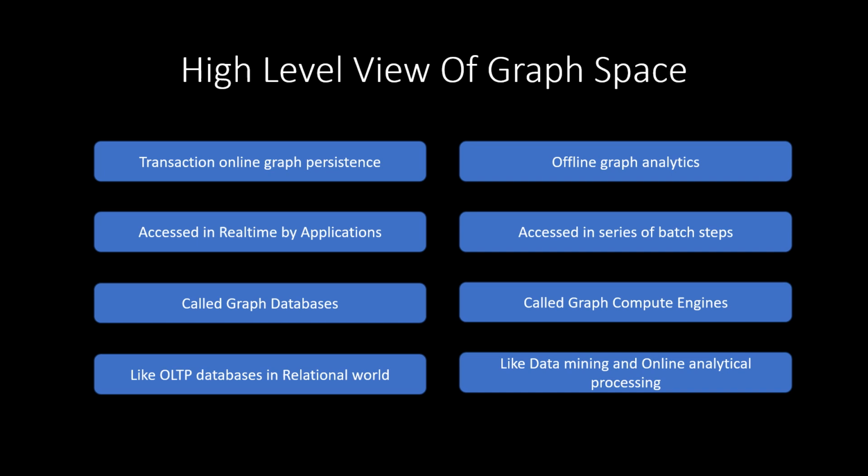The second is offline analytics, where the data is accessed in batches. The engine that performs the data analytics is called the Graph Compute Engine. The compute engine scans and performs the computations in batches. This use is similar to what we call data mining in OLAP, where we perform analytics on relational data or data in other formats.